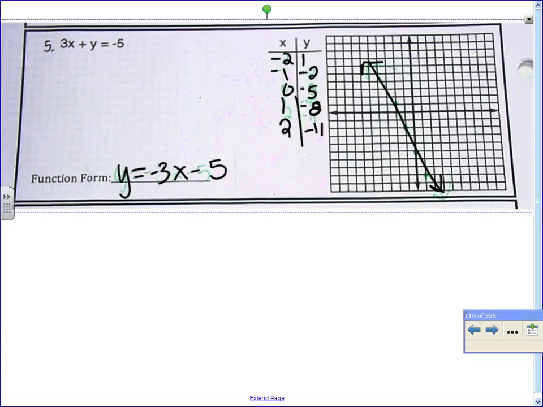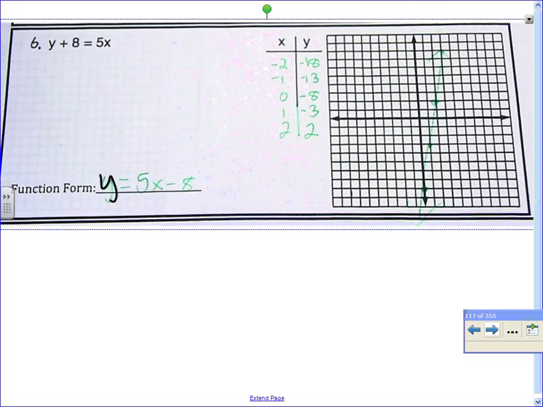Okay, Adam, number 6. Good, and then table values? Yeah, tell me all of them. Good. Perfect. Okay, and then you have positive linear function.